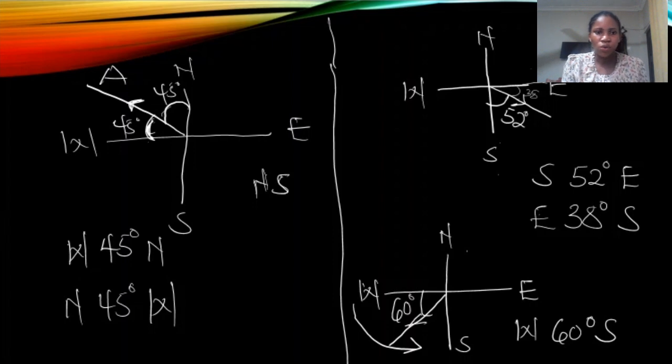And also, assuming the vector was just lying on, let's say, north, south, west, and east. So assuming the vector was just lying on one cardinal point, let's say the vector is here.